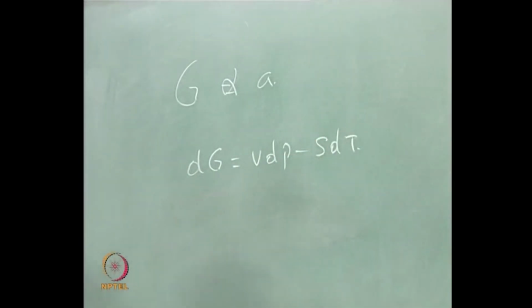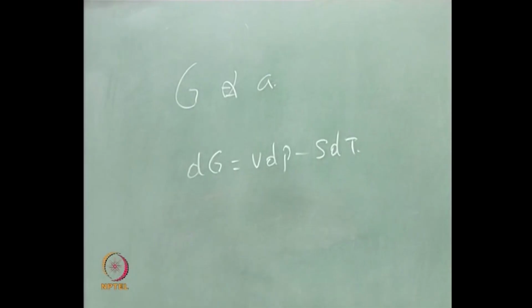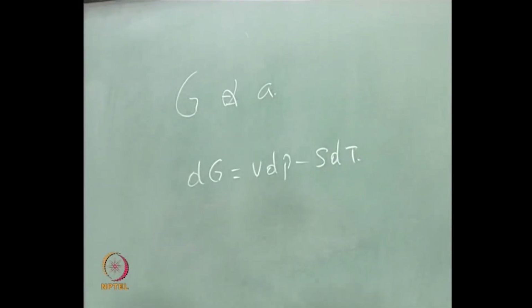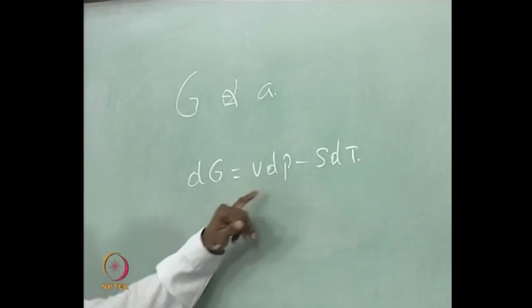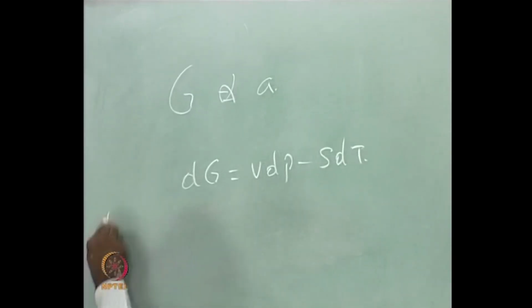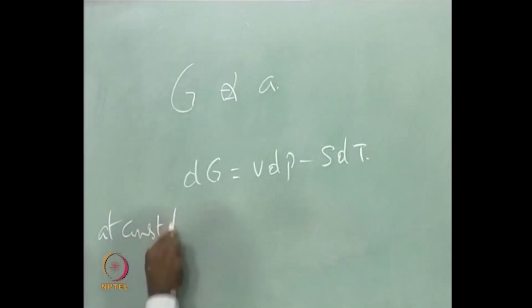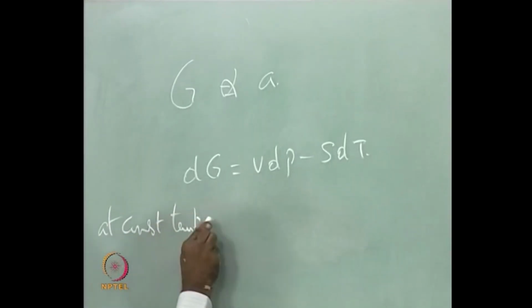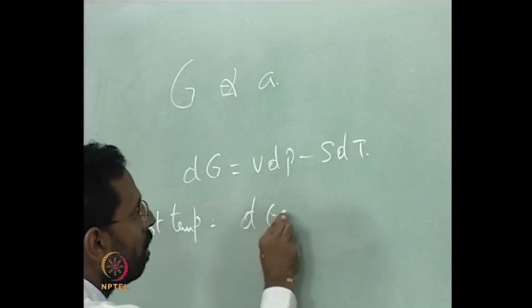this is what we all know, right. So in principle at constant temperature this turns out to be nothing but VdP. So at constant temperature this is dG is VdP.